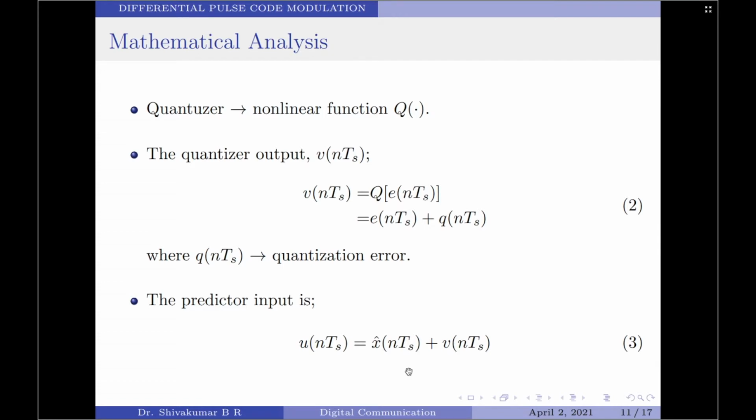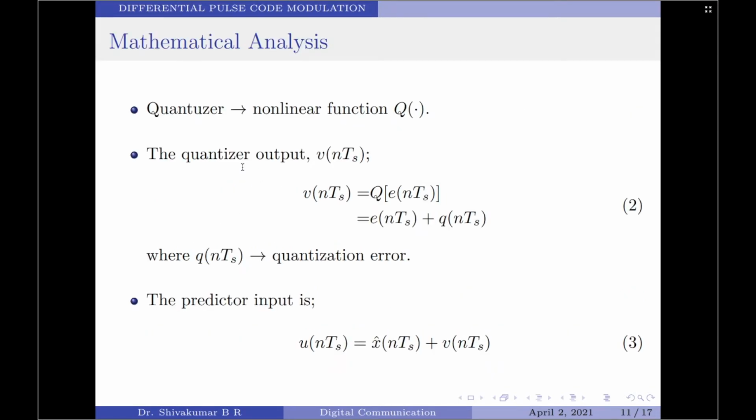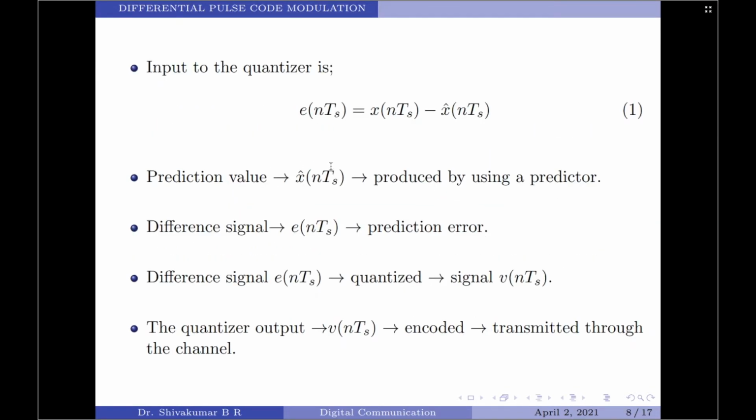Now, let us substitute equation 2, which is for v of nTs, into equation 3. We will now get a new equation: u of nTs equals x cap of nTs plus e of nTs plus q of nTs. However, referring to equation 1, e of nTs equals x of nTs minus x cap of nTs.